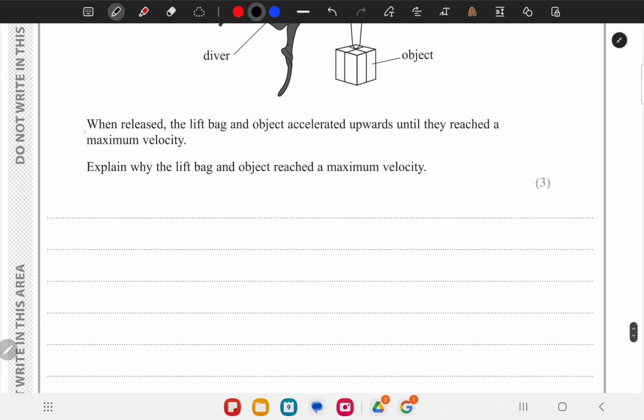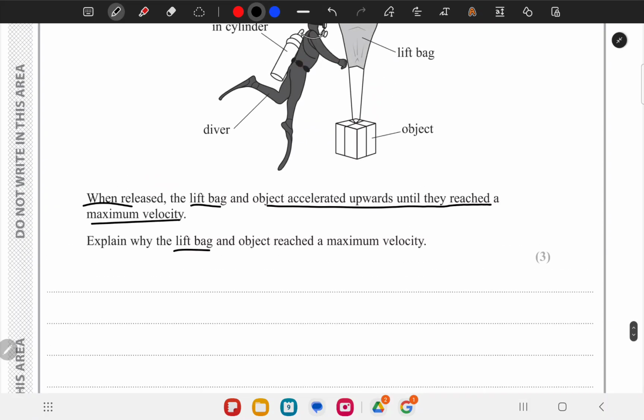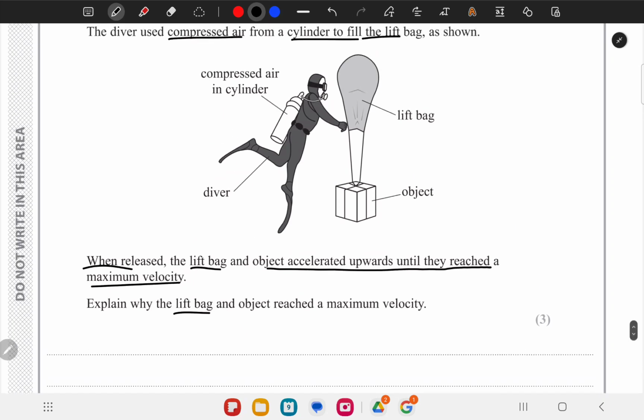We are told that when released, the lift bag and object accelerate upward until they reach the maximum velocity. We have to explain why they reach the maximum velocity. In this case, we don't call it a terminal velocity since it's moving upwards. Initially we have upthrust and a small weight in comparison. So the upthrust is much bigger than the weight.